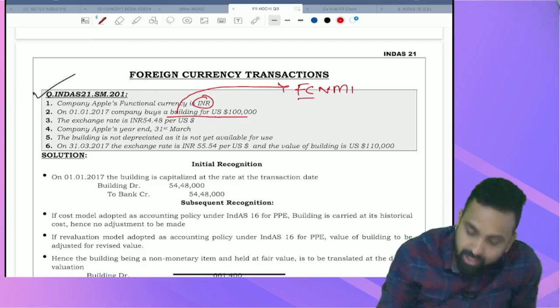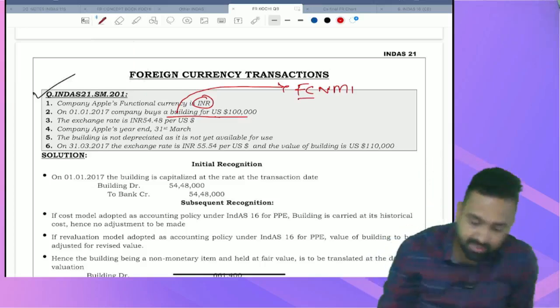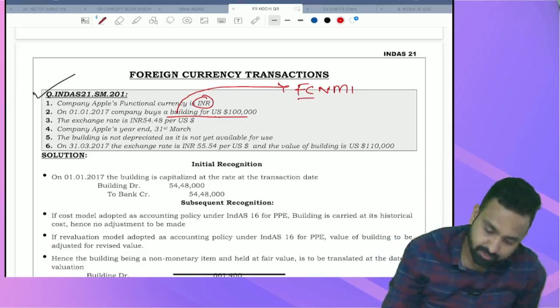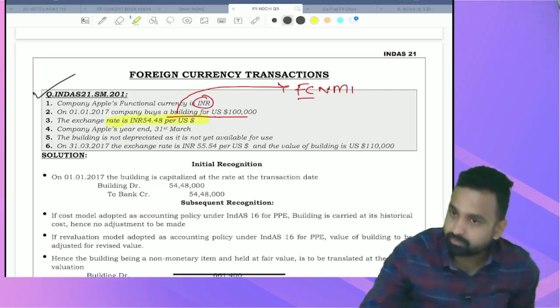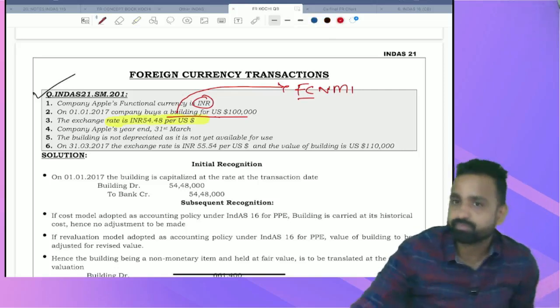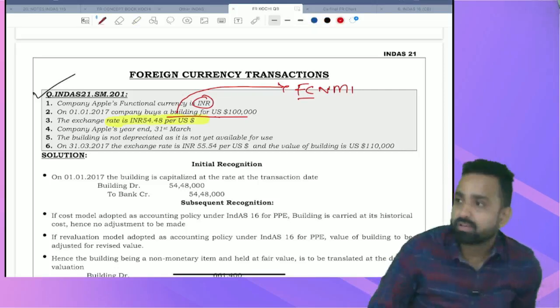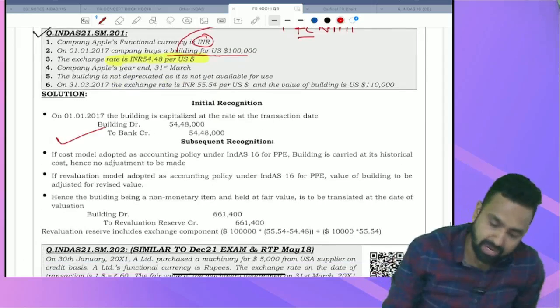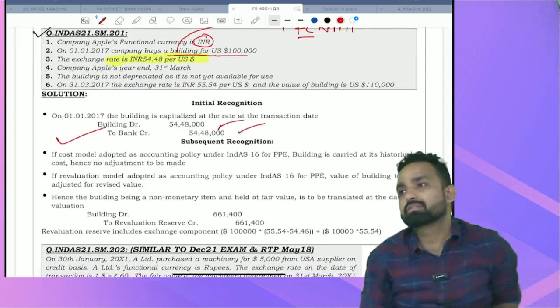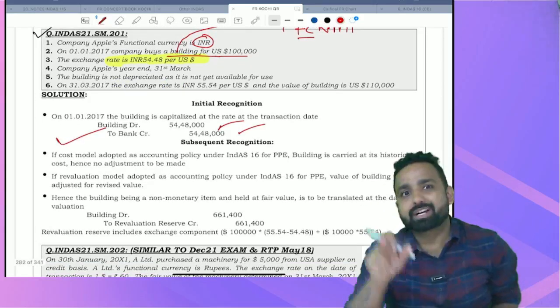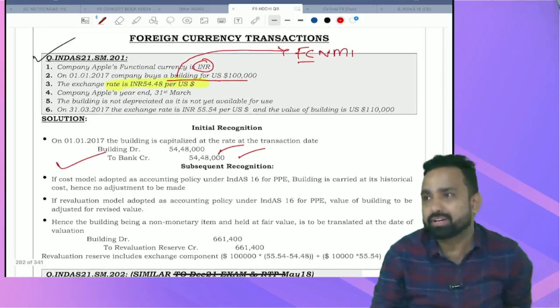It is bought in foreign currency, dollars. Okay, fine. Next. Spot rate. Okay, convert. Please convert immediately. 54 lakh 48,000. See the entry: first entry, building account debit to bank, 54 lakh 48,000. What is this? It is initial recognition. Now wait till the balance sheet.